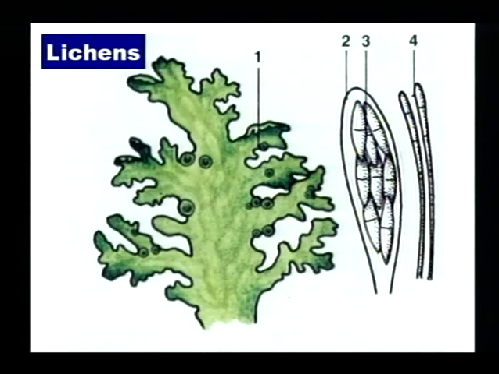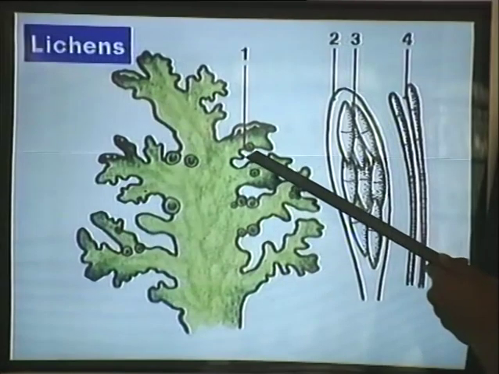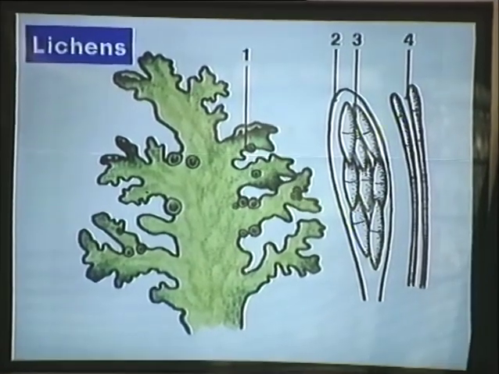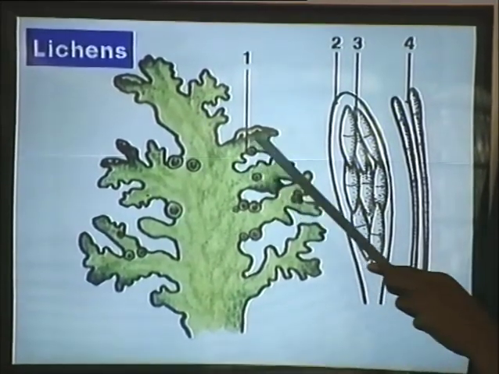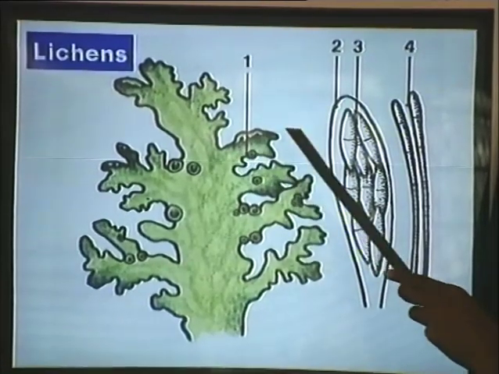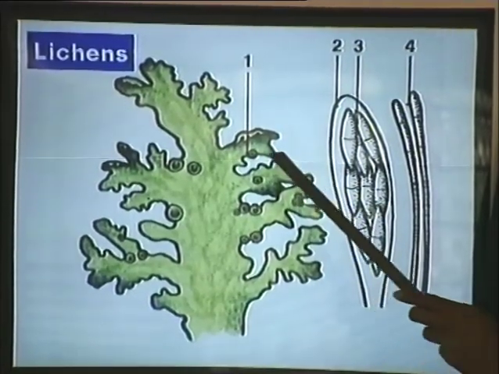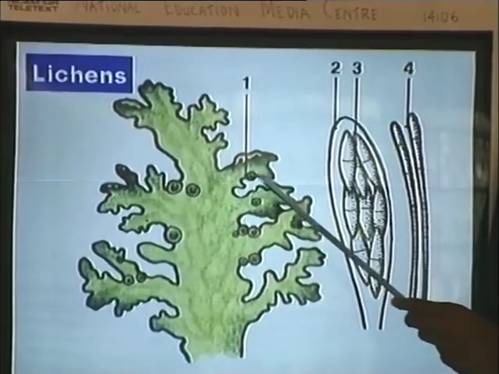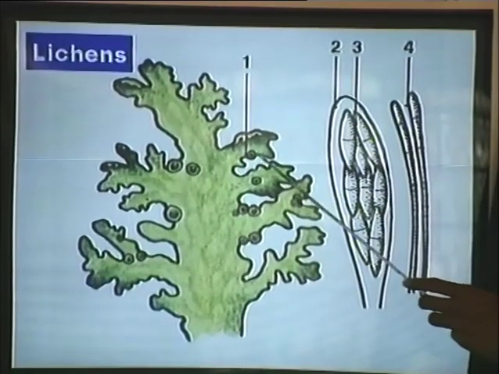This is a foliose lichen, and number one here represents the apothecium, the tiny peg-shaped structure growing on the thallus of the lichen.